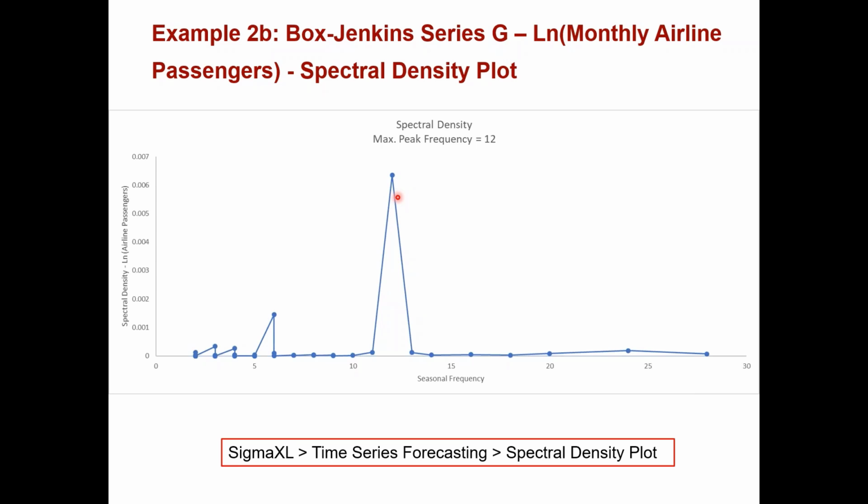You don't want to have too many frequencies in your model. We can accommodate multiple frequencies. Typically, you only use one, but maybe 1, 2, or 3 frequencies, and the spectral density will give that to you. Again, keep in mind that when we say frequency, this is not the same as Fourier analysis or what you would normally use in an engineering application.